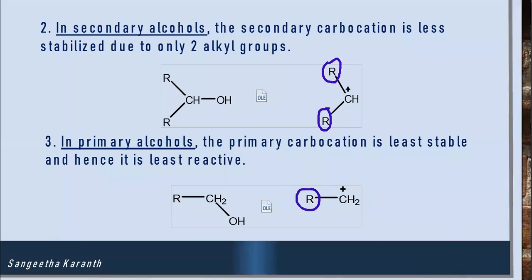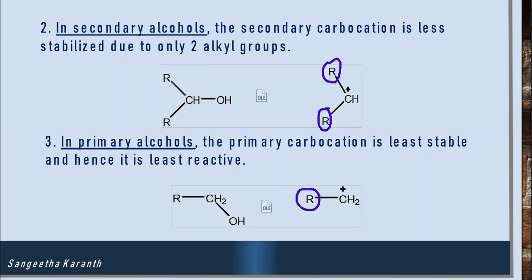Because of this, the turbidity is not observed at room temperature. To enable the formation of this primary carbocation, we need to give some energy, or increase the temperature, so that this primary carbocation is formed, which will give rise to the respective alkyl chloride.